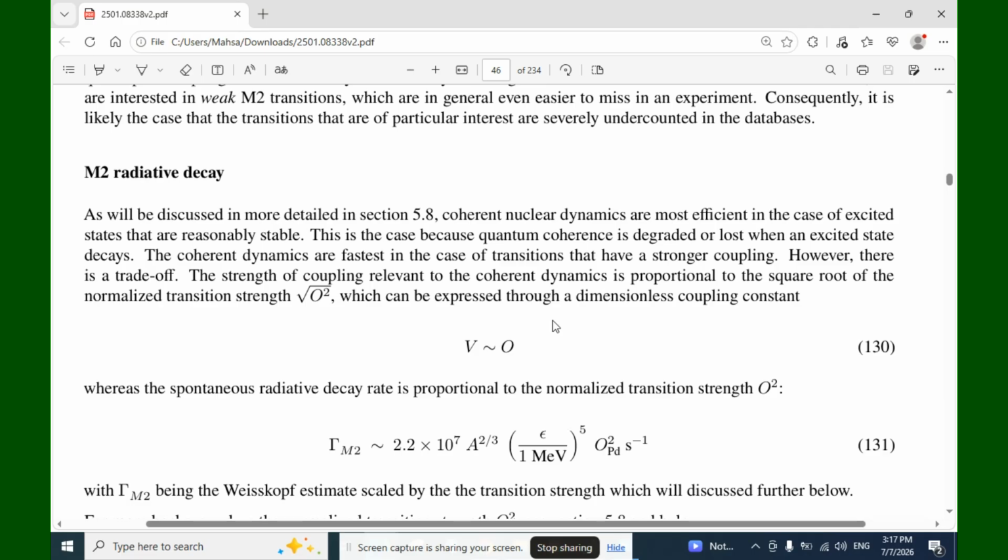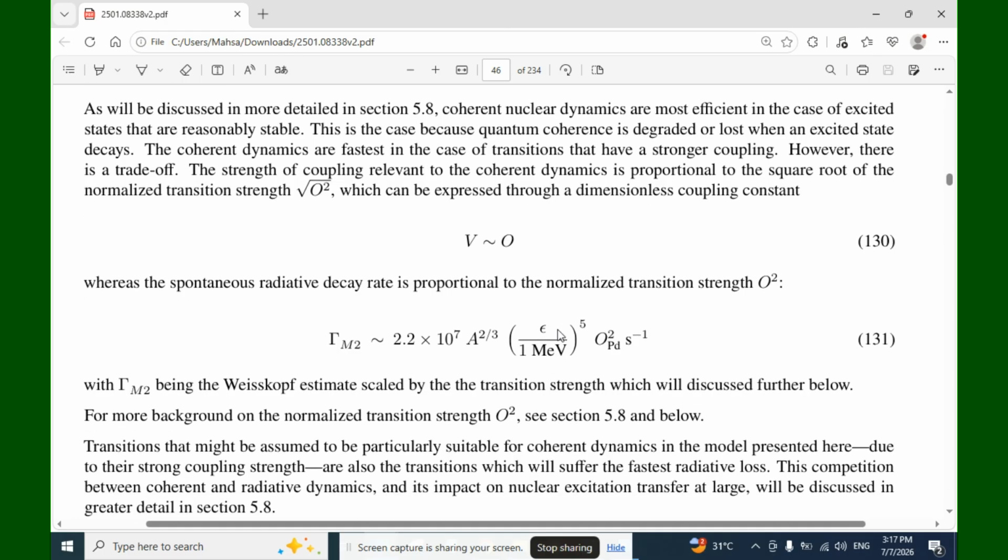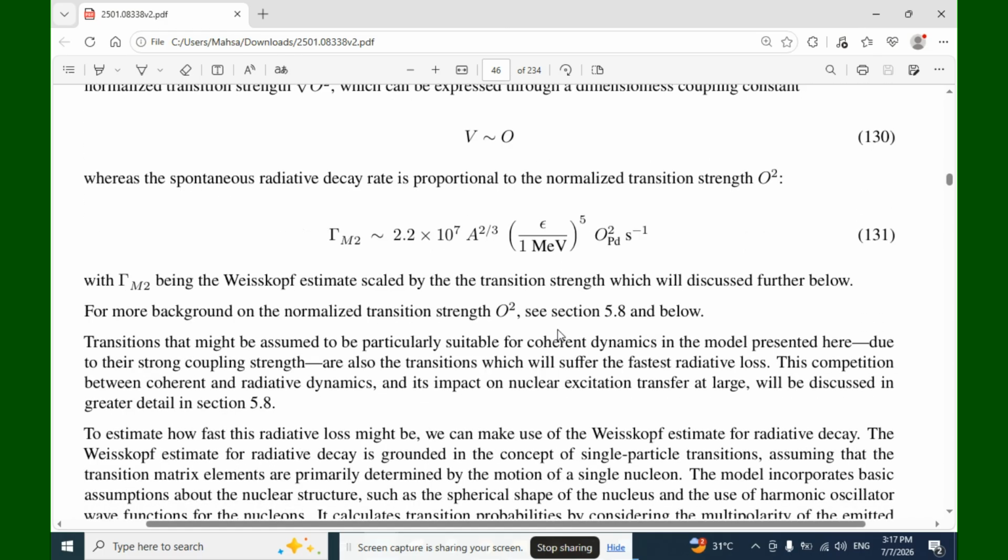However, there is a trade-off. The strength of coupling relevant to the coherent dynamics is proportional to the square root of the normalized transition strength, square root of omicron to the power of 2, which can be expressed through a dimensionless coupling constant V almost equal to omicron, whereas the spontaneous radiative decay rate is proportional to the normalized transition strength, which is omicron to the power of 2.